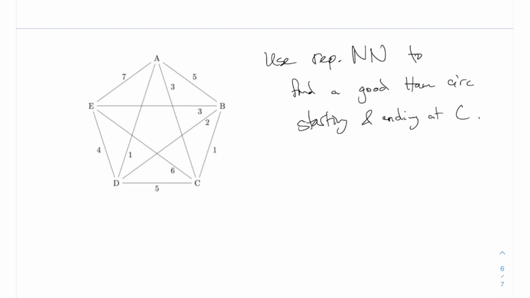The fact that I said starting and ending at C doesn't matter until you come to actually write your final answer. When you write your final answer, just write it as if it was starting at C. I'll give you a few moments and then we'll talk about it. This handout has the same graph on both sides, so if you want to turn it over, go for it.